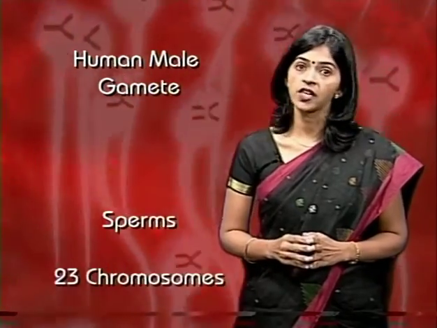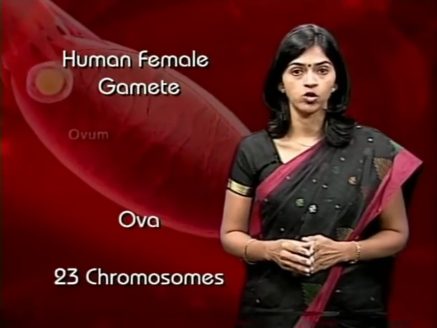For example, in human beings, a male gamete called the sperm consists of 23 chromosomes, and a female gamete called the ova consists of 23 chromosomes. So when a sperm fuses with an ova, it consists of 23 plus 23 chromosomes, which is equal to 46 chromosomes inside a zygote.